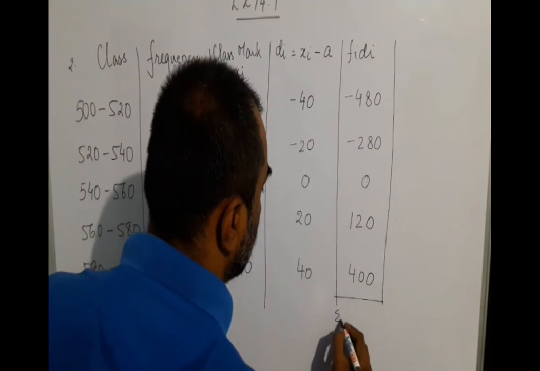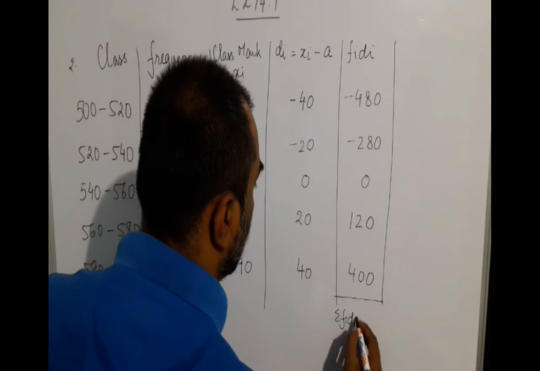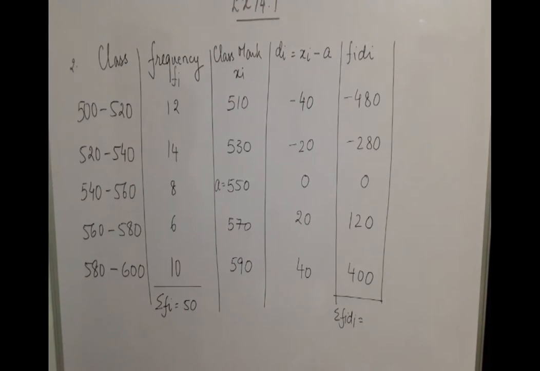Now we have to find the sigma fi di. So what will you do to find out the sigma fi di? Take the sum of all the positive numbers, take the sum of the negative numbers and subtract. So the positive numbers 120 plus 400 gives you 520, and 480 plus 280 gives you 760. Do you notice?